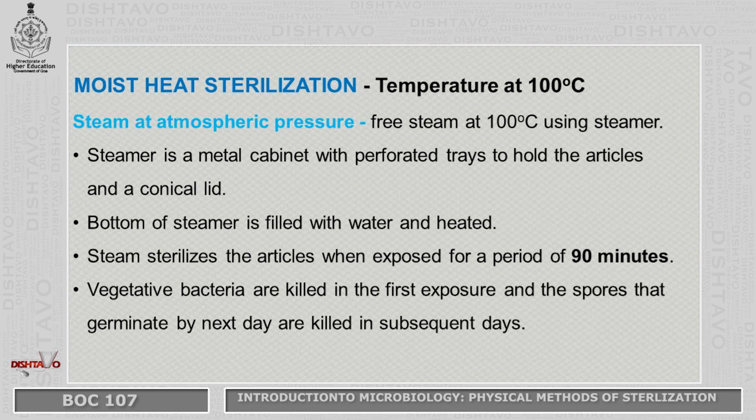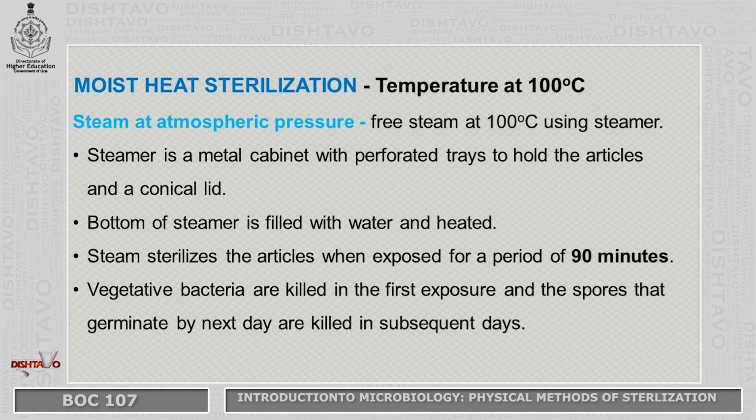Moist sterilization at a temperature of 100 degrees Celsius: steam at atmospheric pressure. Here free steam at 100 degrees Celsius is used to sterilize various instruments. Here the steamer is used. A steamer is a metal cabinet with perforated trays to hold the articles and a conical lid.